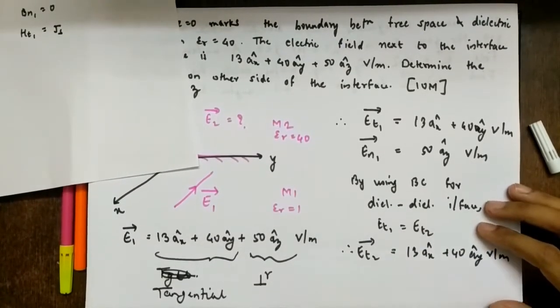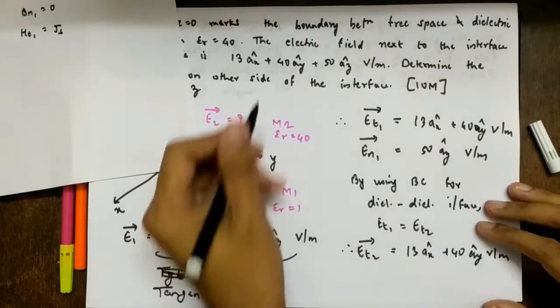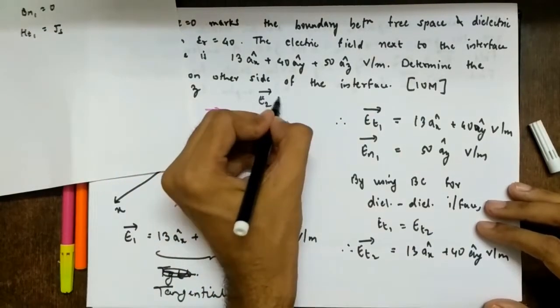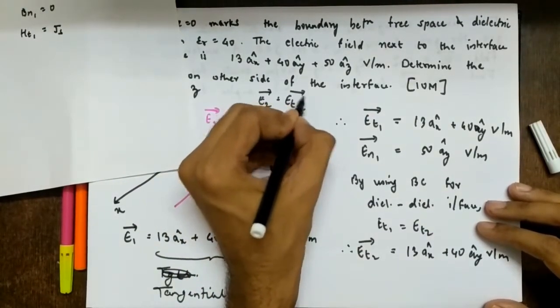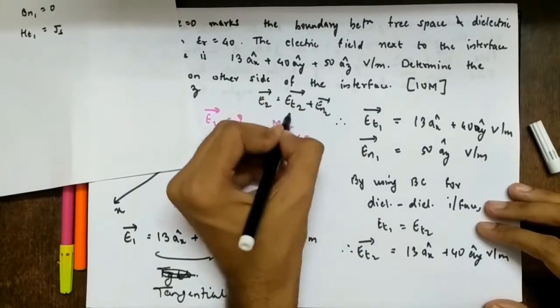So what is remaining? Only En2 vector. I hope you are getting this point that E2 vector will be Et2 vector plus En2 vector. So we are already done with this part.